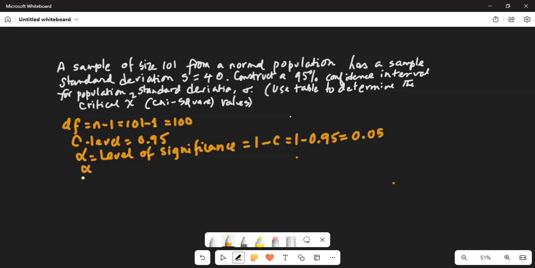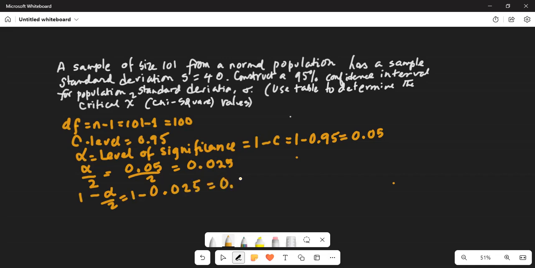So the first thing we need to find is alpha by 2, which is 0.05 divided by 2, which is 0.025. And also we need to calculate 1 minus alpha by 2, which is 1 minus 0.025, which is 0.975. Why do we need these two values?